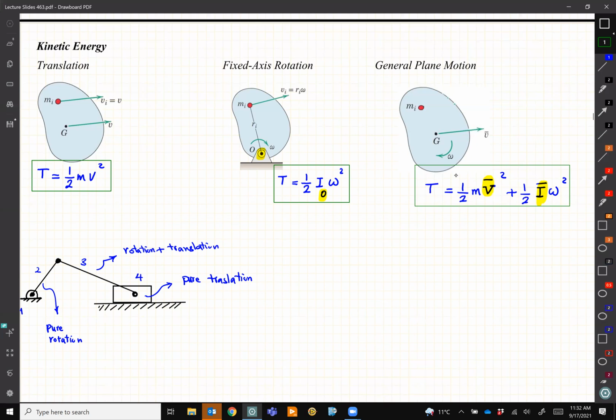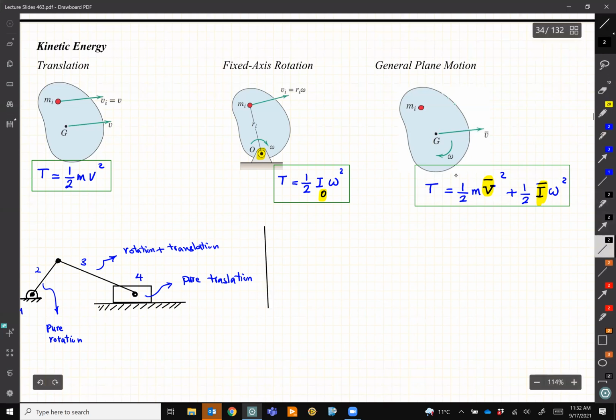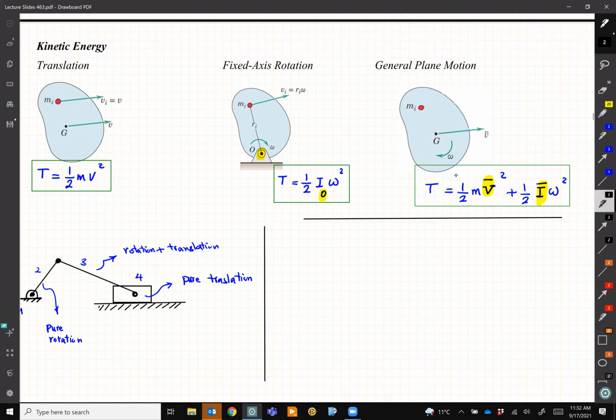Now, for a quick practice, let's calculate it for one example. Let's say I have a disk.